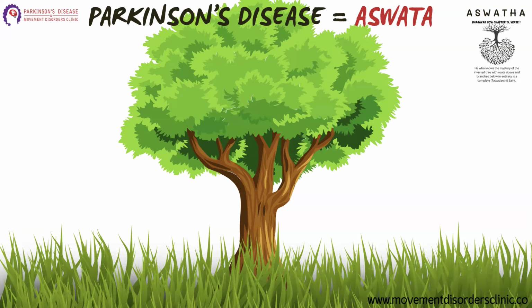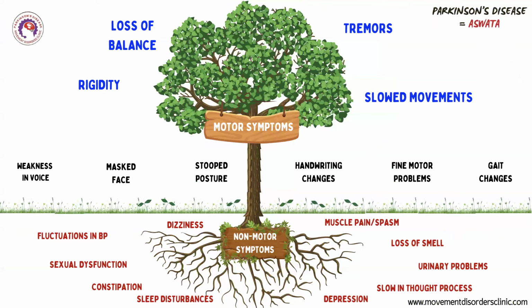By the time you see this tree, you are seeing the bigger branches and bigger symptoms. You don't see so many things that are happening down there. When you see from afar, you see the commonest symptoms, what we call the TRAP features: the tremors, the slowed movements, the rigidity or stiffness, or loss of balance.